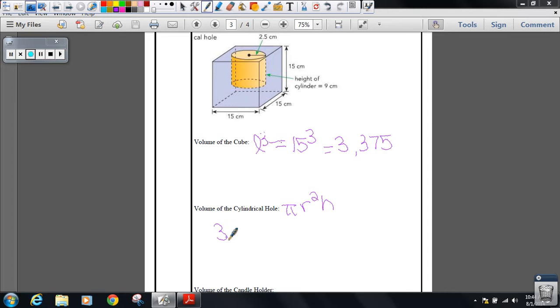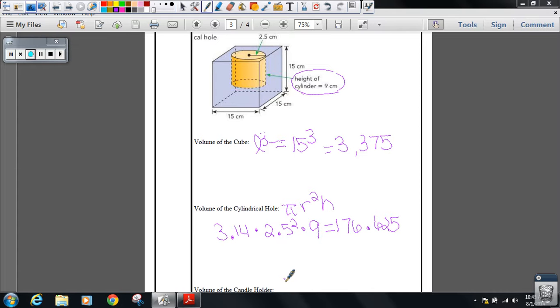So I use 3.14 times my radius of 2.5 squared times my height. We only want the height of the cylinder, which is given to us over here on the side as 9. So that gives me 176.625.